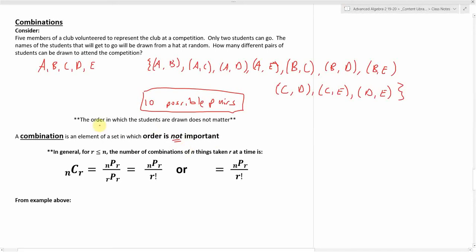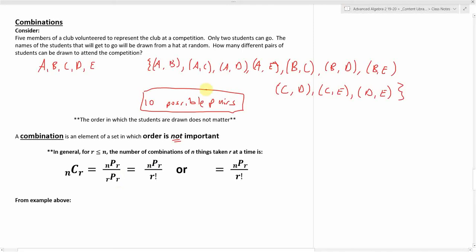If we want to talk about the computations for combinations, here is the formula. It's similar to the permutation formula, but for nCr we take the total possible permutations and then divide out rPr. R is the subset that's being selected. What you're doing here is dividing out the ways that you can arrange the subset.